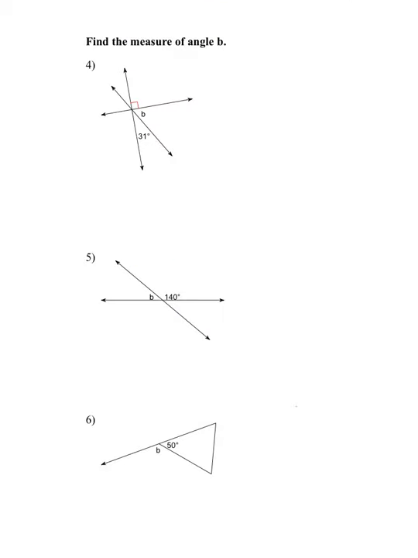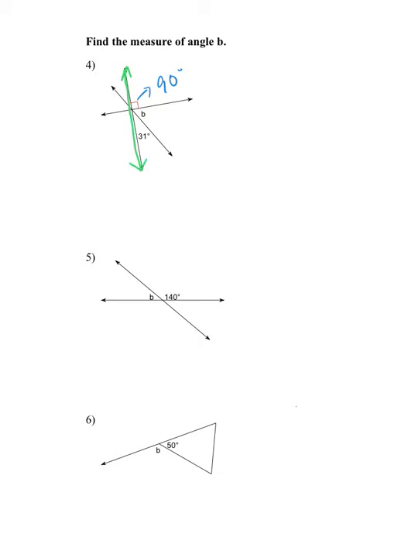So it might help you on these to say, well, I have the right angle symbol. So that's 90 degrees. Can anybody identify what kind of line that would be? Well, that would just be linear.